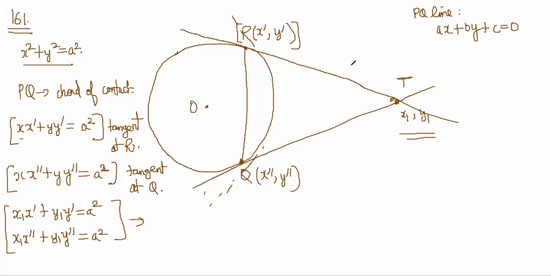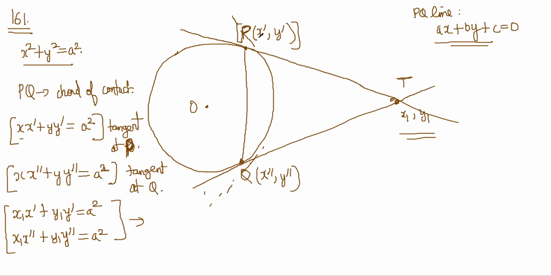Why am I saying PQ? Okay, this is P actually. This is not R, this is P. This is not tangent at R, this was point P only. So if PQ line equation is this, which is what we want to find eventually, right?